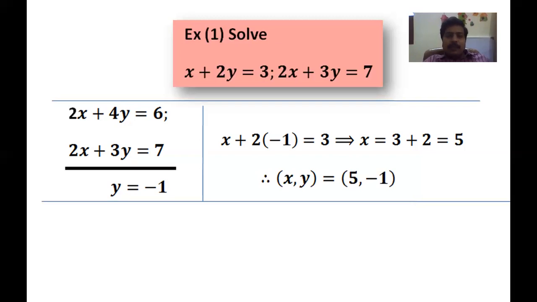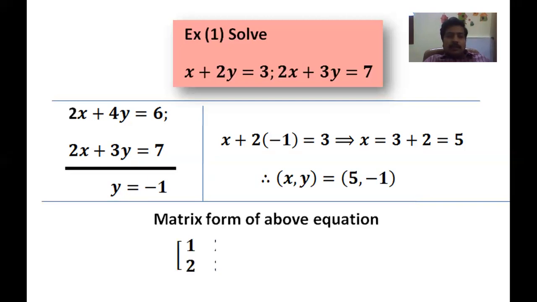That is my solution. So we all know this solution, of course. But let us convert this situation into matrix form. Our aim is to identify the significance of null space using this simple example. So the matrix form of this equation is, we take these coefficients as a matrix.